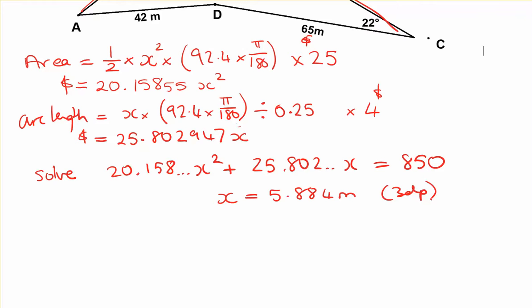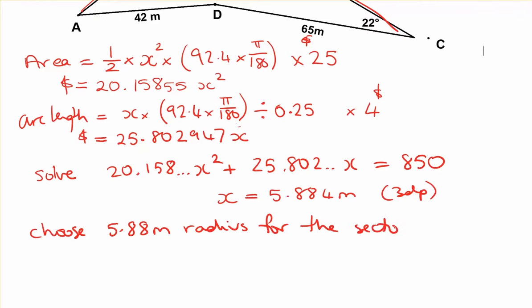Right, so now it would be a good time to prove that that's a good value to have and that we come in under budget. So let's choose, I'm going to choose 5.88 metres radius for that sector. Right, so then you need to go back and repeat the calculations up above, but everywhere there's an x up here, we're going to put 5.88 into that expression, and I get the area cost to be 689.